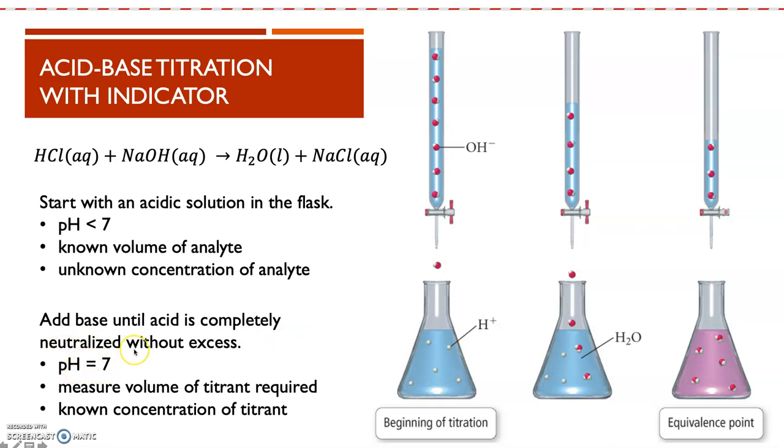If we neutralize the HCl exactly without excess, then we'll have a pH of 7 in our flask, and we can measure the volume of titrant that was required to get to that point. And we know the concentration of the titrant, so we can use those two things to find the moles and then do our stoichiometry problem like in the previous video.